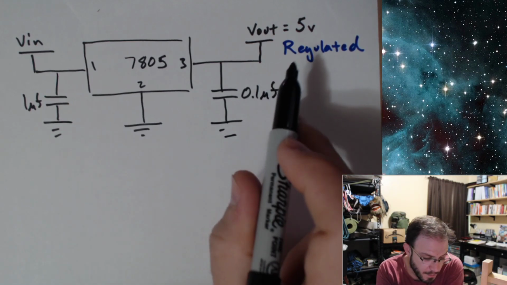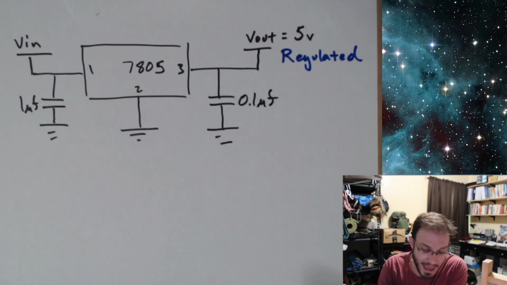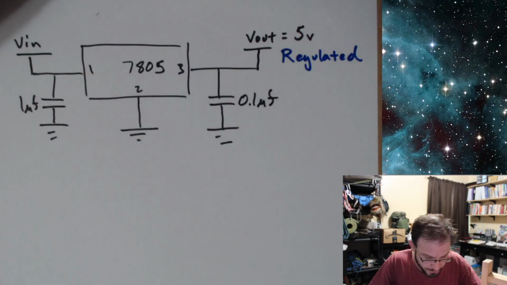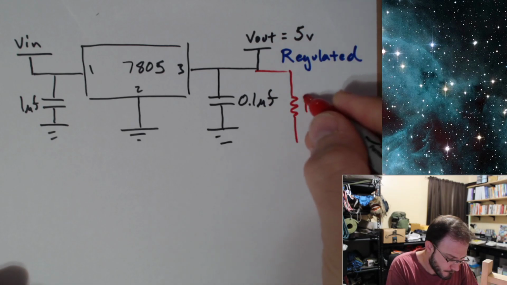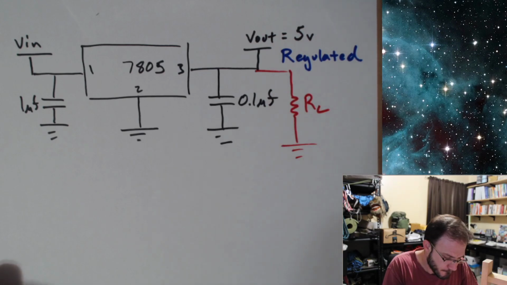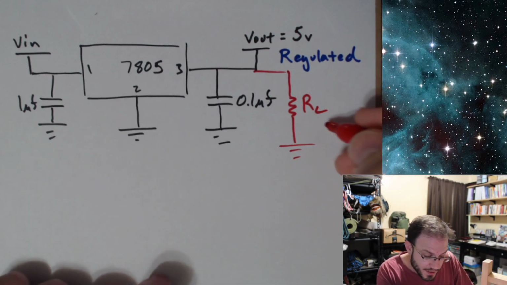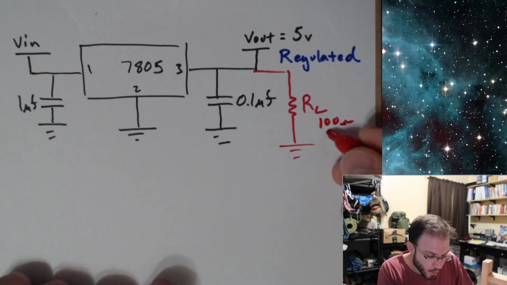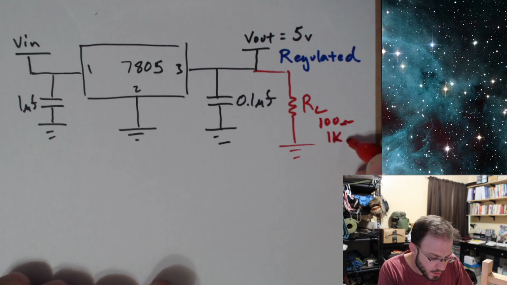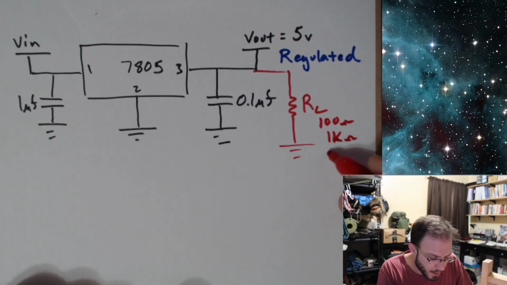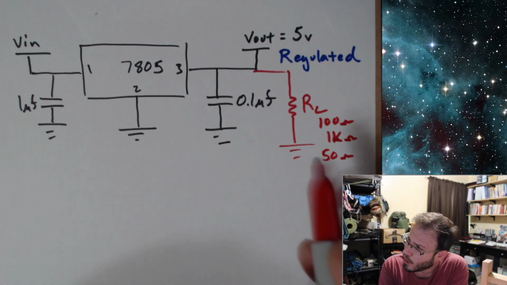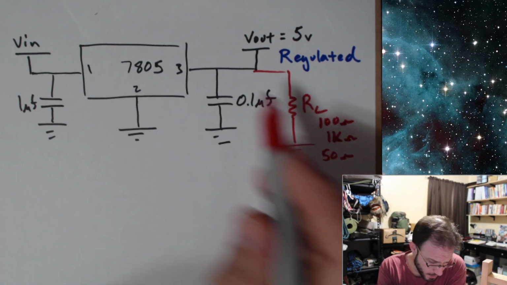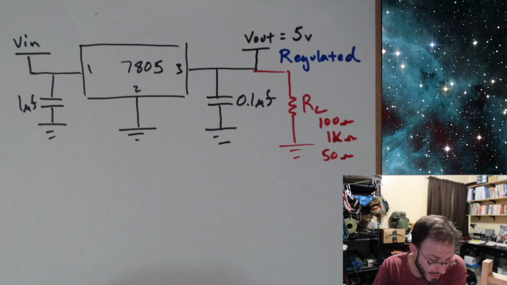Okay, and so from here, we can go ahead and now drive our load. Okay, so regardless if this was 100 ohms or 1K ohms or 50 ohms, regardless of what the load does over here, remember, it's always the load that determines how much current is going to be coming through our device, I_RL.